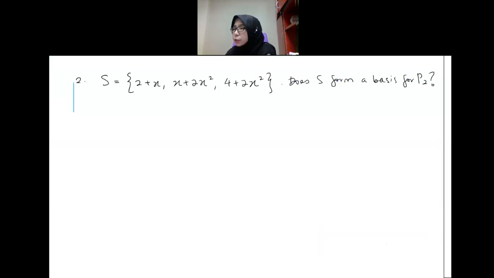Okay, start with question number 2. Question number 1 is not about basis, so I skip to question number 2. So question number 2 is about basis.